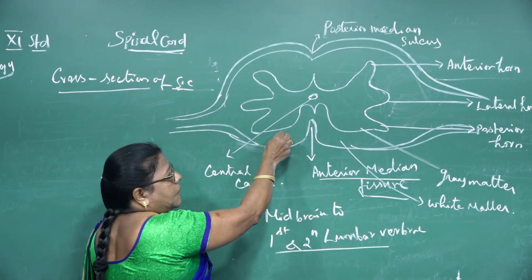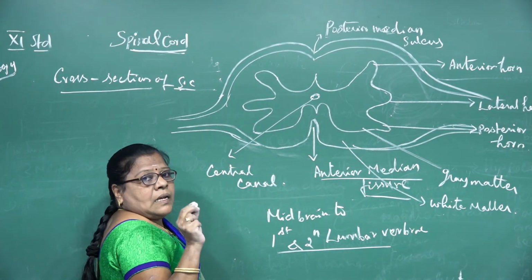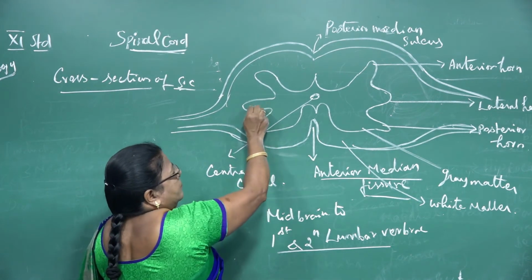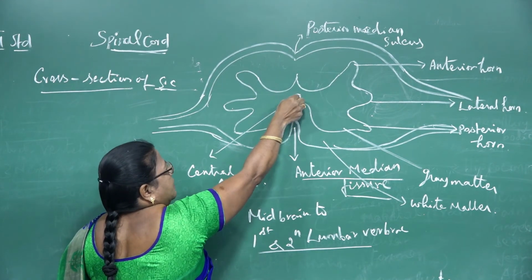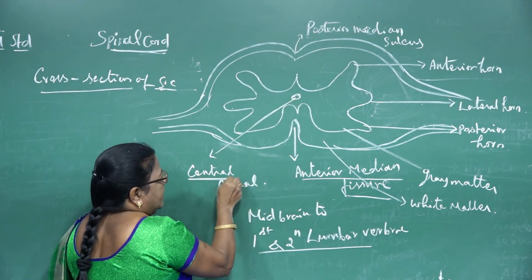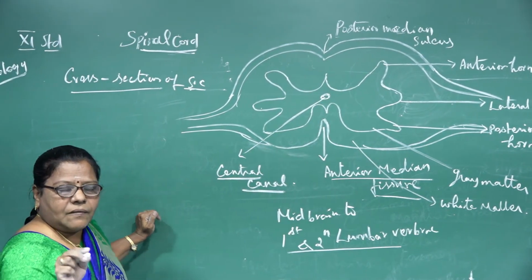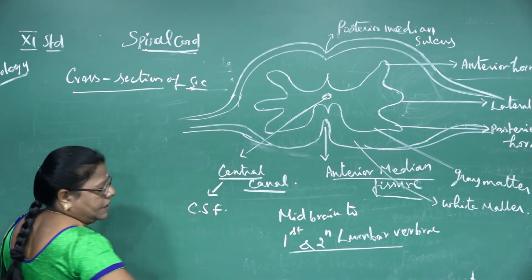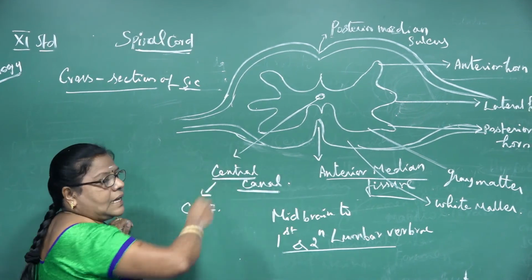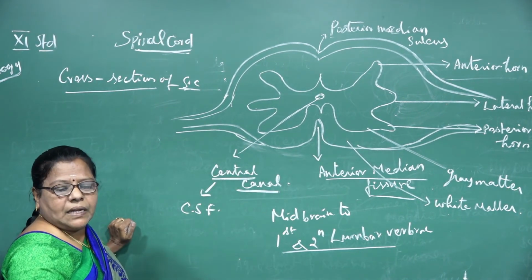The inner region of the spinal cord has a butterfly shaped part. In the center of the grey matter, there is a canal, that is called the central canal. This central canal is filled with CSF. CSF means cerebrospinal fluid. The grey matter contains three types of cells.